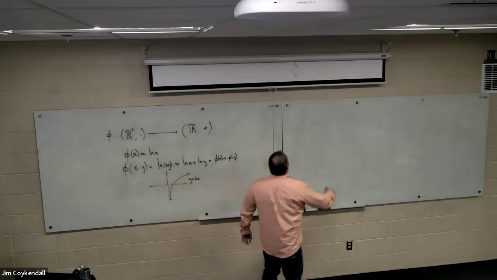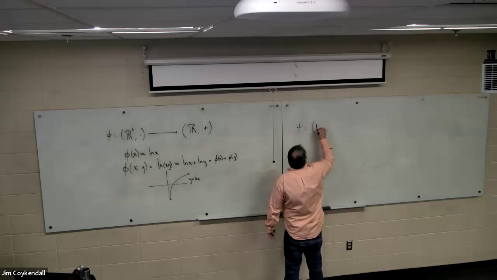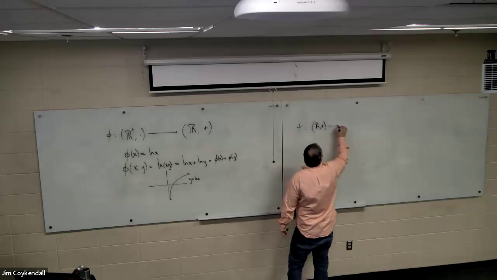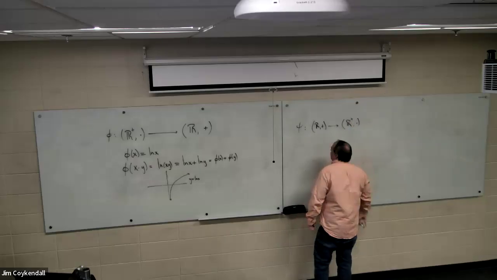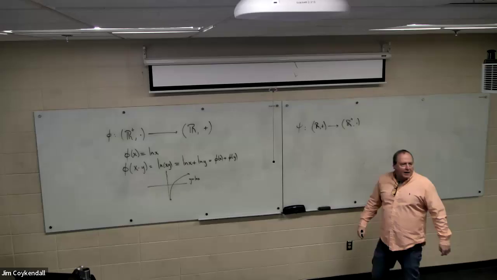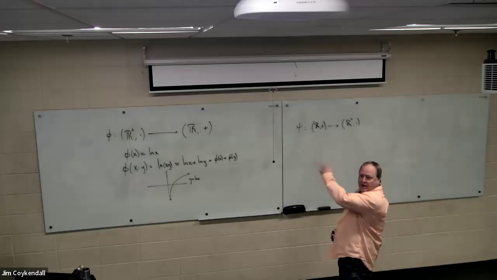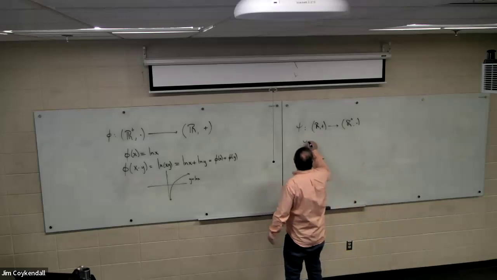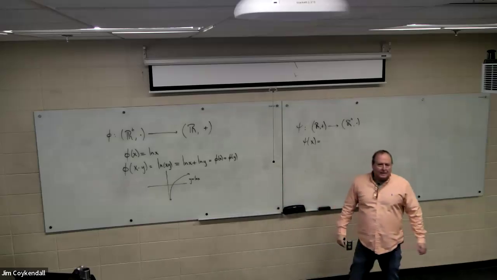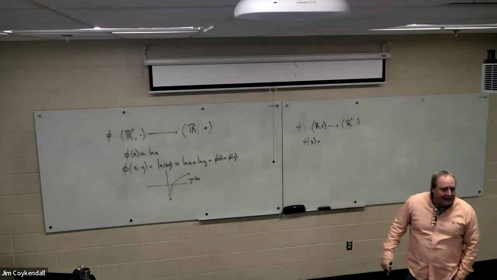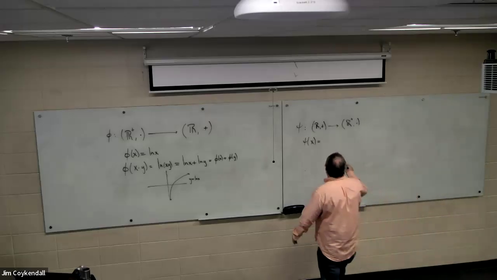So there is actually an isomorphism of groups that goes in the other direction. Maybe I'll take a guess at that. Exponential. Exactly, the exponential.